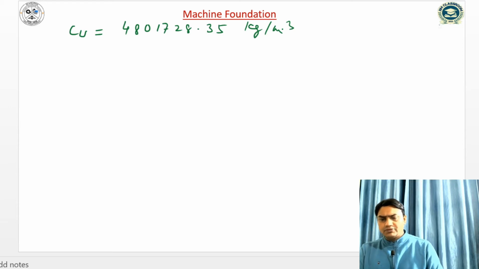So it will be 4.8017 into 10 to the power 6 kg per meter cube.